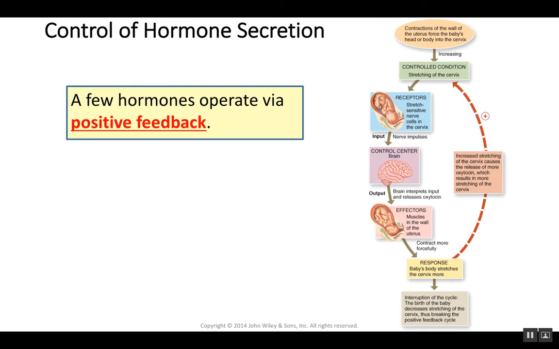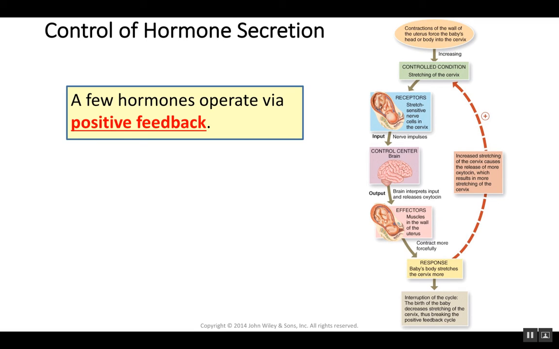There's also control that is positive feedback. Positive feedback is where the stimulus needs to be reinforced, or we need that stimulus to occur more. A great example is normal childbirth, which is hormonal. The stimulus is the baby being forced into the cervix. The cervix contains the opening to get out of the uterus.